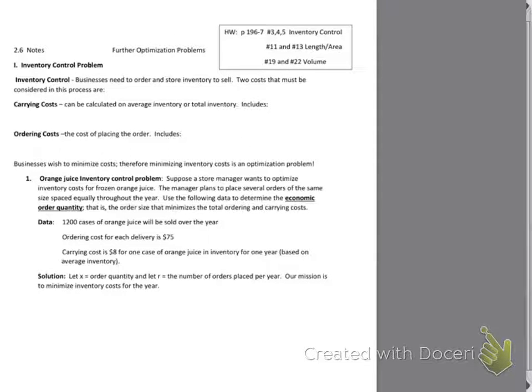So first off, what you need to know is that when you do an inventory control problem, there's an underlying assumption that your constraint is always going to be Q equals R times X. They're not going to tell you that. That is the underlying constraint. So Q is the quantity you order, or the quantity you sell of something in an entire year.